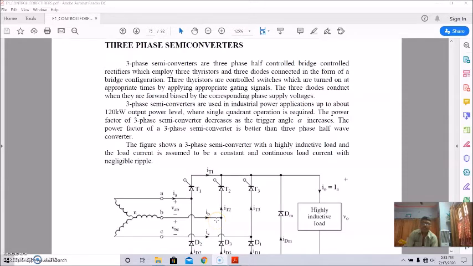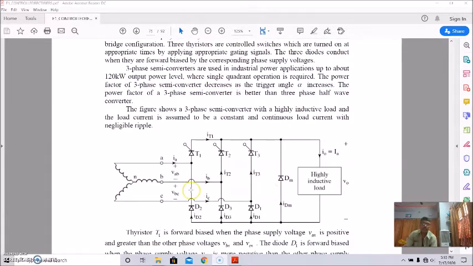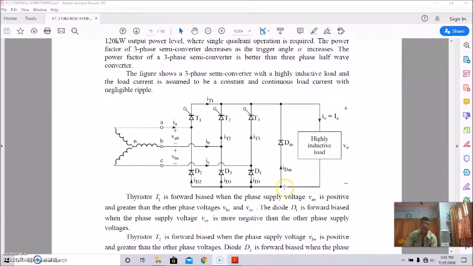Once again, I am repeating the three-phase semiconverter circuit and waveforms. This is the circuit diagram. This is the three-phase supply connected across this bridge converter, which consists of 3 thyristors and 3 diodes. The load is highly inductive in nature, and a freewheeling diode is connected across the load, so DM is the freewheeling diode.